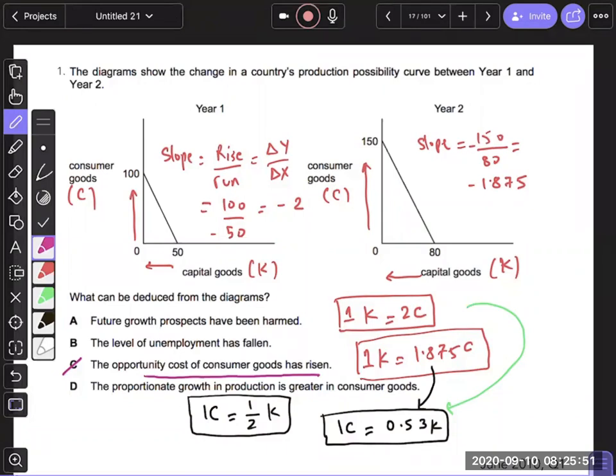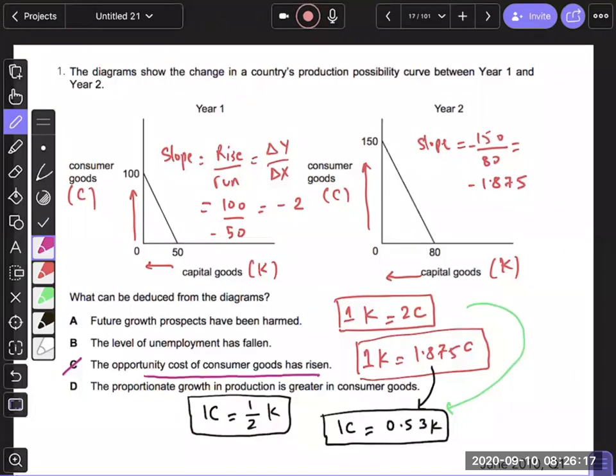We are now going into a new area, and that's why it's called advanced level rather than ordinary level, because you will require some mathematical skills, a lot of practice, and more attention to detail when it comes to A-level economics.